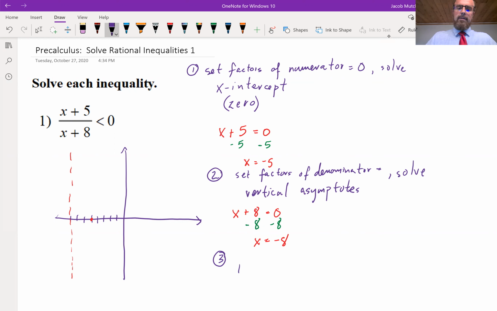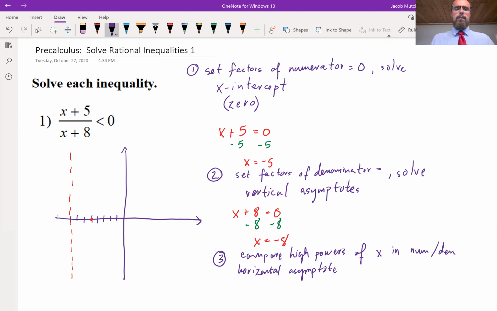So I'm going to find a horizontal asymptote, and I'm going to compare the high powers of x in the numerator to the denominator. As I look at my function, I've got x plus 5, which is an understood power of 1. In the denominator, I've got x plus 8.